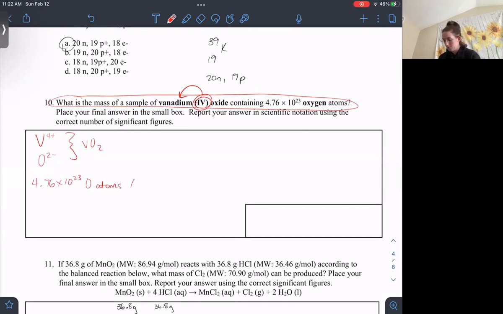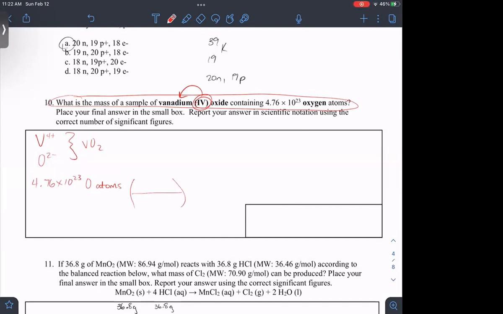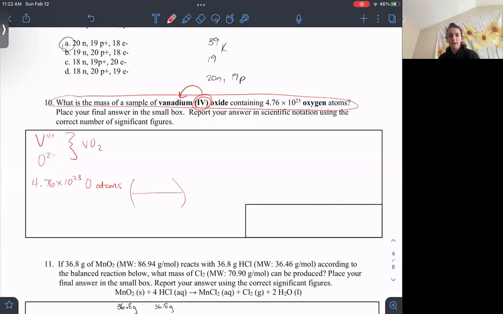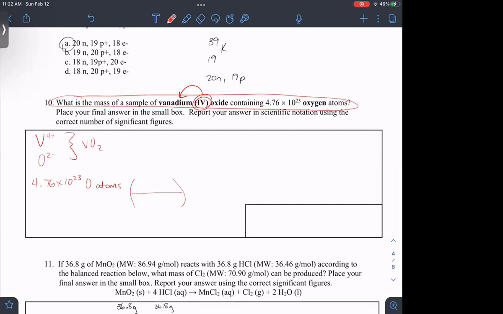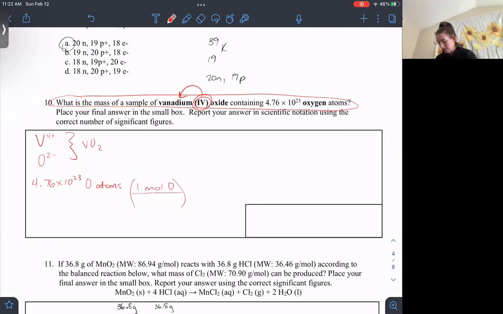What do we need to use? Avogadro's number. Good, so we need Avogadro's number. And so is 1 mole going to go on top or bottom here? On top. Good, so 1 mole of oxygen will be equal to 6.02 times 10 to the 23 atoms.